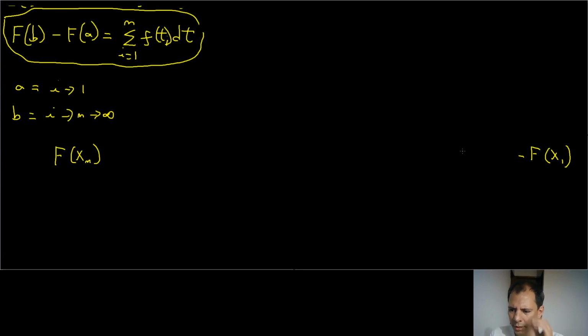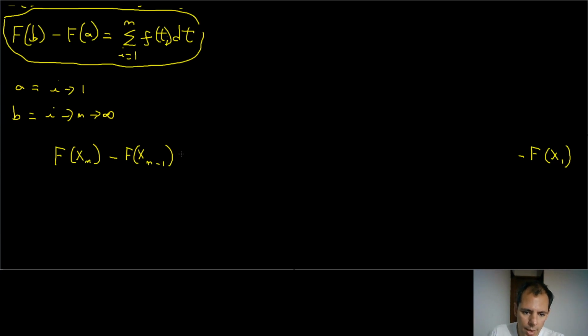Why am I doing it like this? Because what I can do is say f of x sub n, and then minus f of x sub n minus 1. But since I added this in here, I have to take it out, because I still have to do f of b minus f of a.